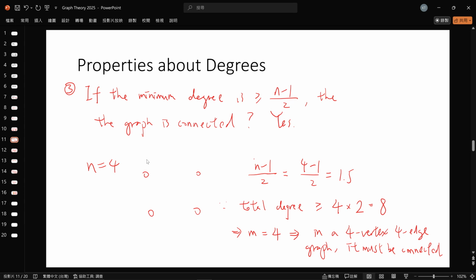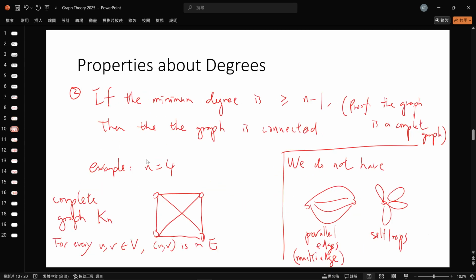All right, okay, so let's continue. So far we have considered two statements that relate the minimum degree and connectivity of a graph. First of all, we have n minus 1. If the minimum degree is n minus 1, actually the graph is a complete graph, so clearly the graph is connected.